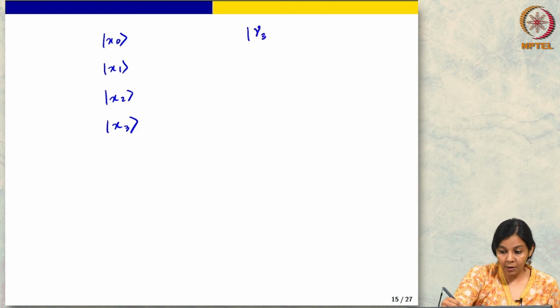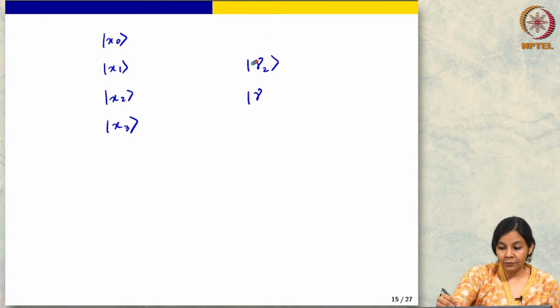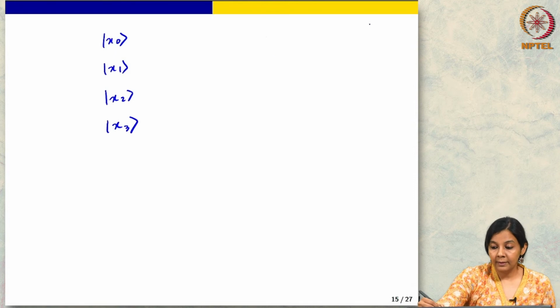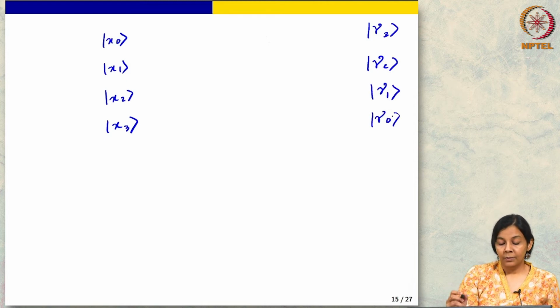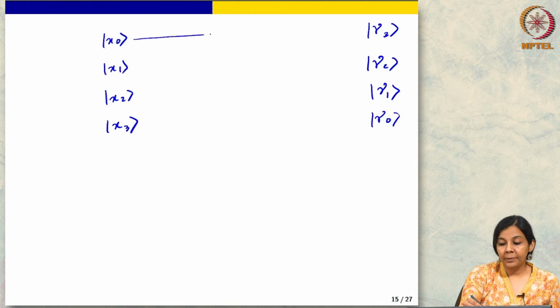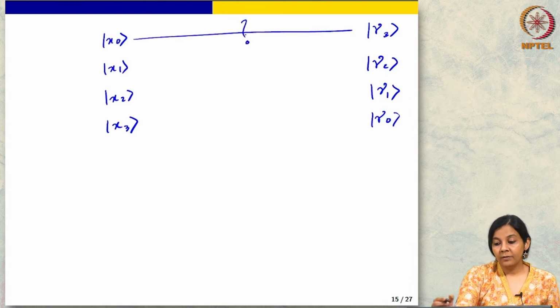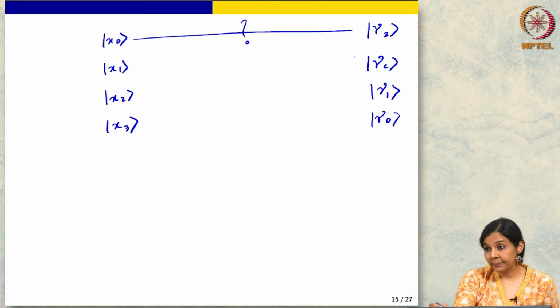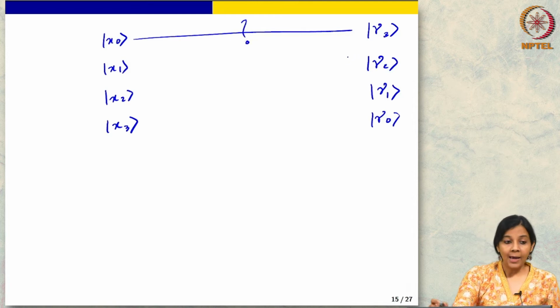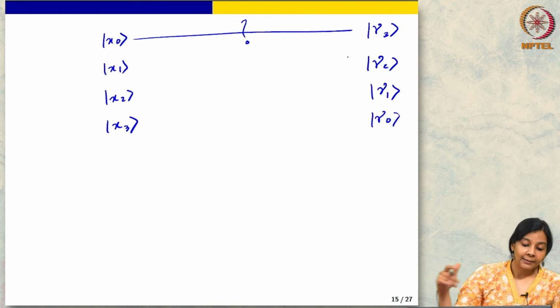Let me call these gamma 2, gamma 3, and move them here so I have more space. So, I want to map x0 somehow to gamma 3. And my claim is that I can actually simplify this.